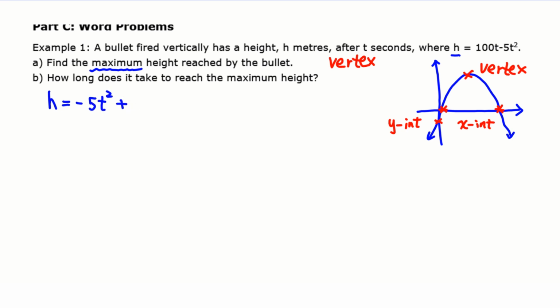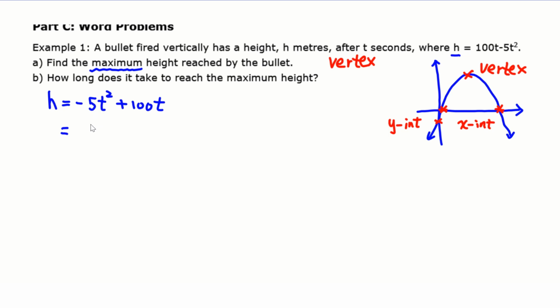And because we didn't move it to the other side, we don't change the sign. ax squared plus bx plus c equals 0. So this one, it is factorable. You could use factor form to find the vertex, or you could use completing the square. Because this lesson is called completing the square, we want to use completing the square.